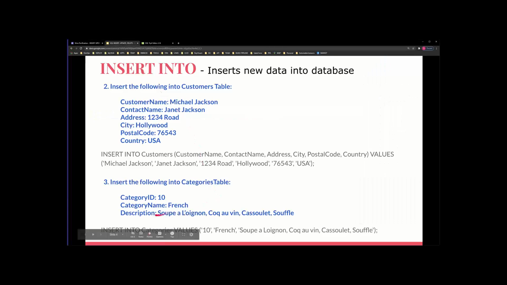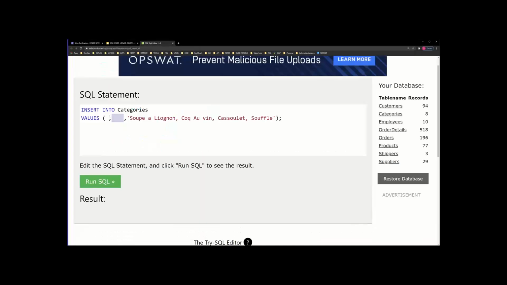So for the first one, we got category ID 10, and I need to put 10 right here. Now, do I need to add quotation around this number? No. If the column is set as a numeric value, you don't have to. But sometimes, even if it's a number that you have to put in, if the database administrator set that column as a string or a text value, in that case, you do have to put quotation.